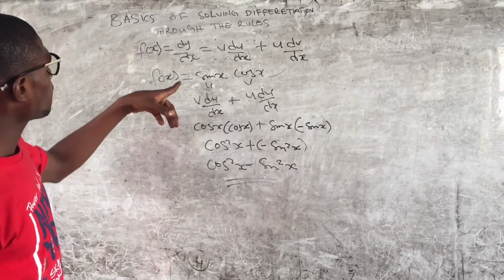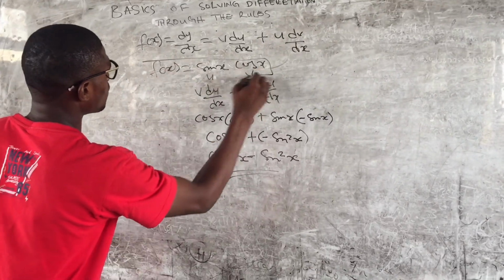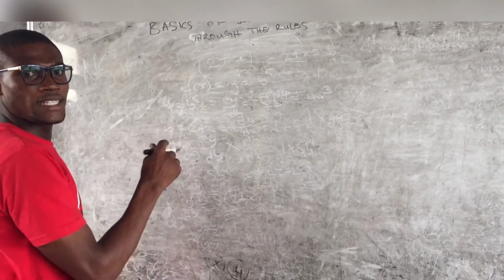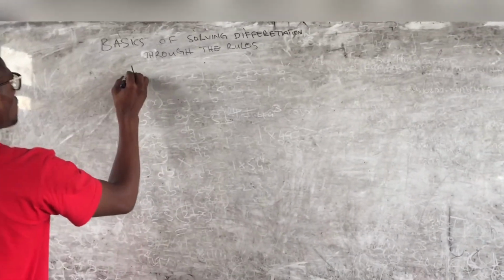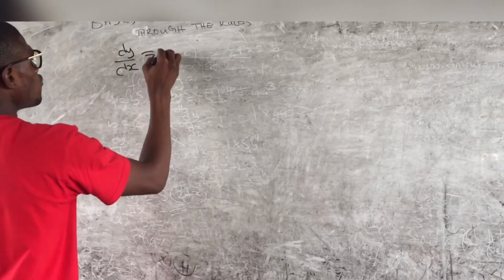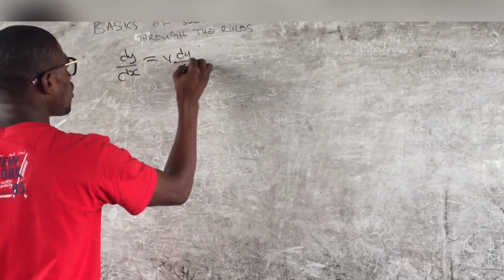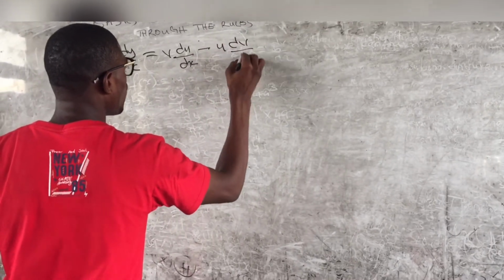So I apply the product rule to solve a question like this. Next one is the quotient rule. The quotient rule formula is dy over dx is given as v du over dx minus u dv over dx, all over v squared.